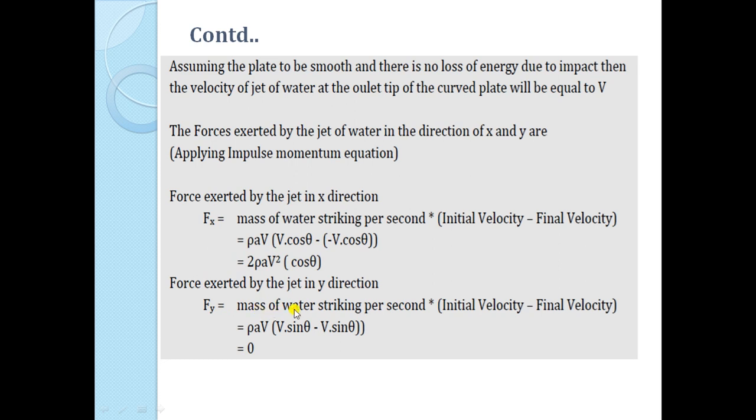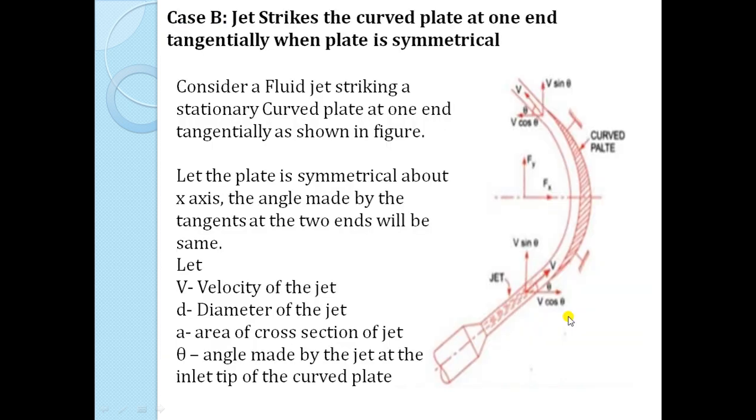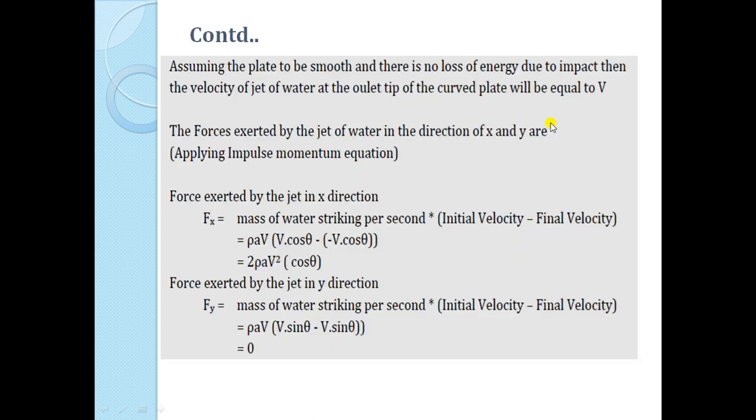Fy is equal to mass of water striking per second into initial velocity minus final velocity. Here, the initial velocity in the perpendicular direction is v sin theta, final velocity is also v sin theta. So, since it is initial velocity minus final velocity, v sin theta minus v sin theta, here Fy is 0.